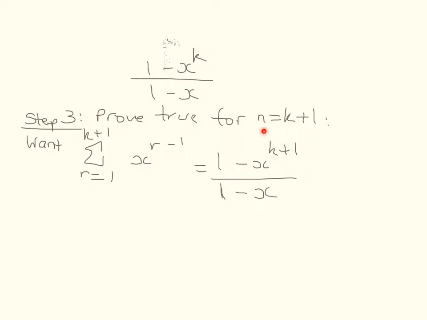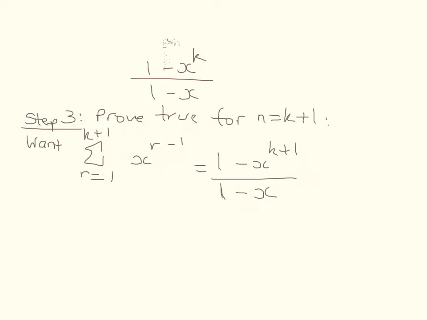Remembering, whenever you've got an index where there's a plus or a minus, you can split them up. So what we need to do in this one is, we've got the assumption here, and up to n equals k, we've assumed that it equals this, so we can sub in for this. So let's write this one out longhand and then make the substitution.